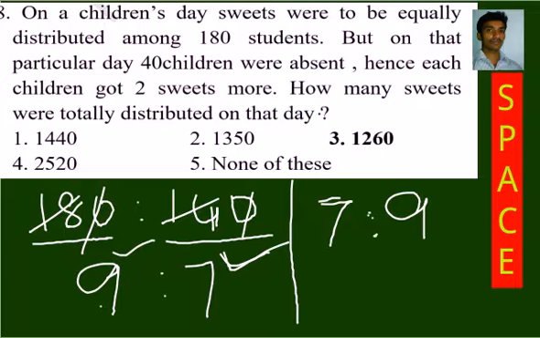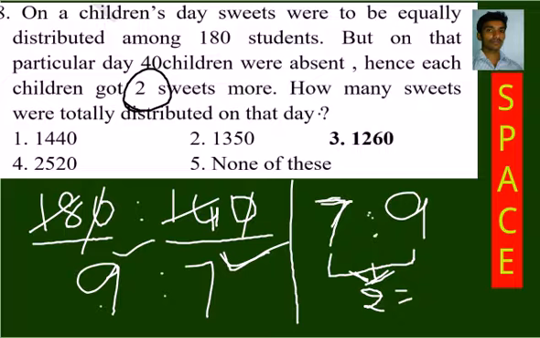Now the increase in the sweets distributed is 2 ratio points. What is the actual increase? The actual increase in sweets is 2 sweets more they have got.